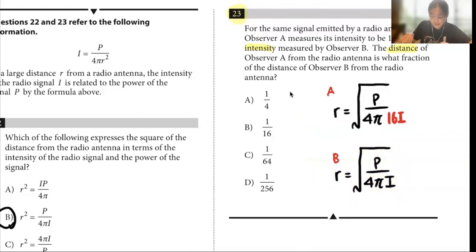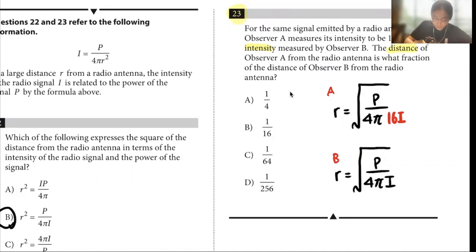We added 16I, which accounts for the intensity. We just need to get that at the front of the expression so that you can see what's actually being changed. 16I is currently inside the square root, so we need to take that out.